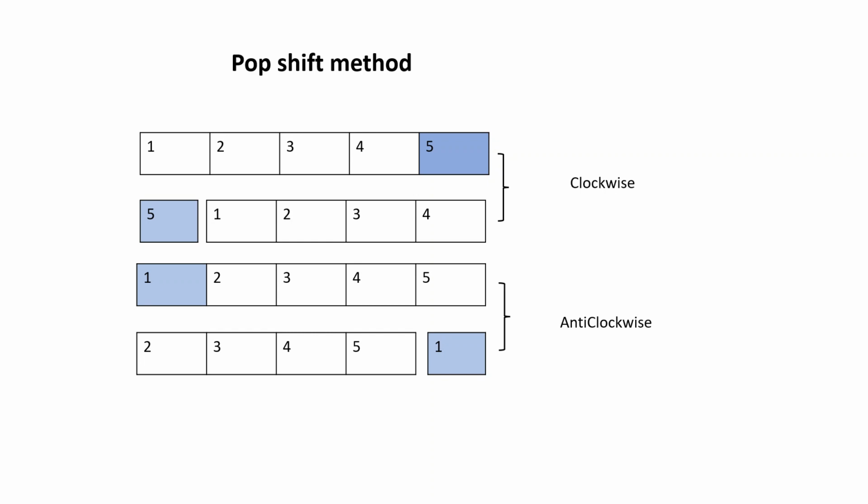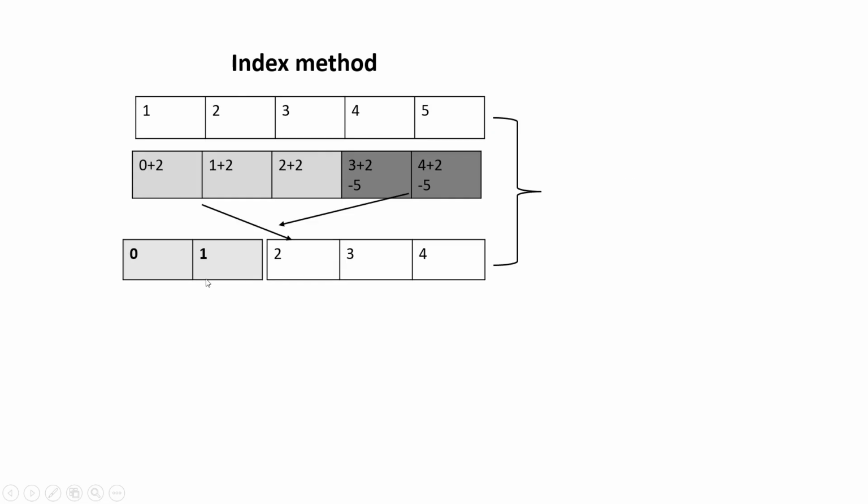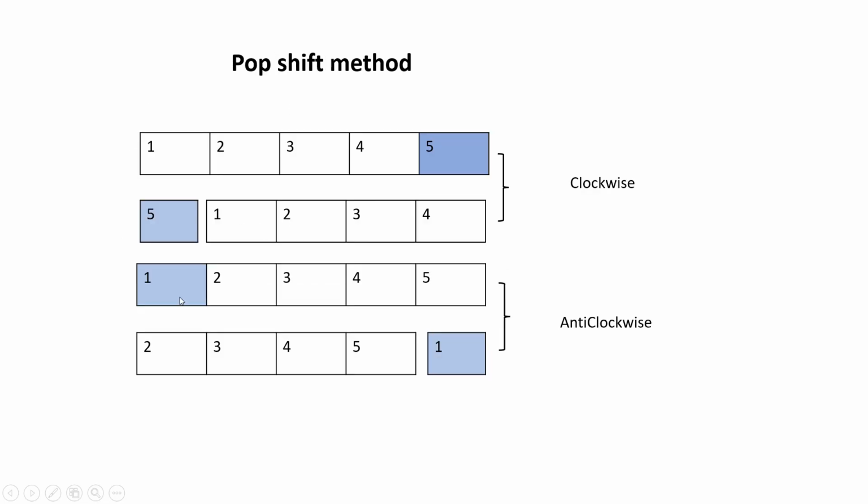So you can use an unshift after popping out that element. And if we are going anti-clockwise, then first we have to shift the array, take the returned element, and then push it to that array.